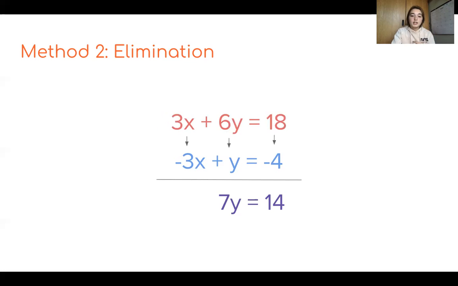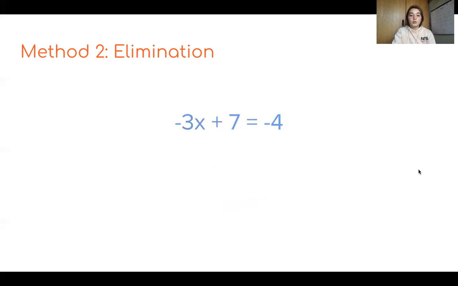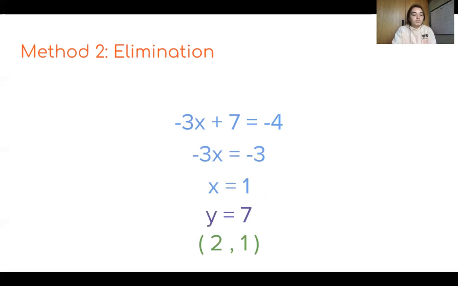So from there, we can do our algebra, and these two cancel out, which is the goal. And then we end up with 7y equals 14. And we can find our y. And just like last time, we're going to pull that y into one of these equations, doesn't matter which one, to find our x. And so we do that, and we find our x is 1. And so we take our x and our y, and we're going to plug it back into an ordered pair, and that's our solution.